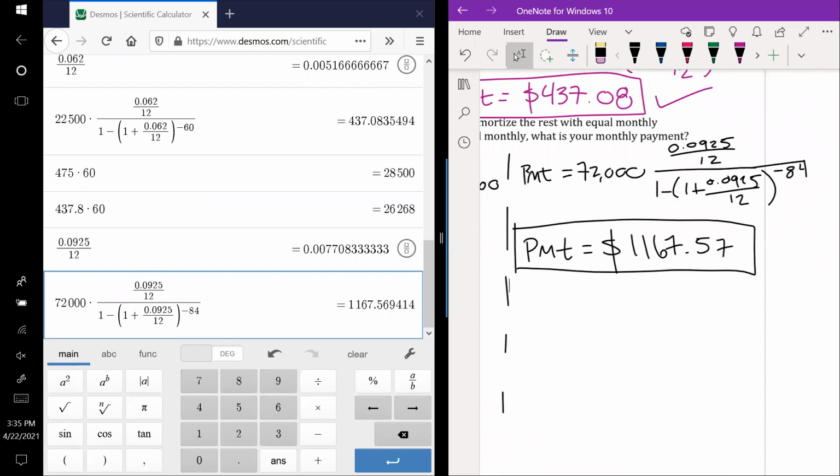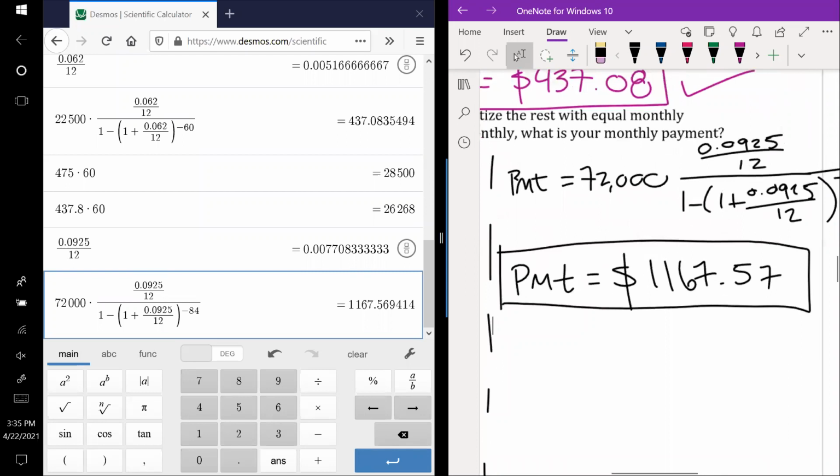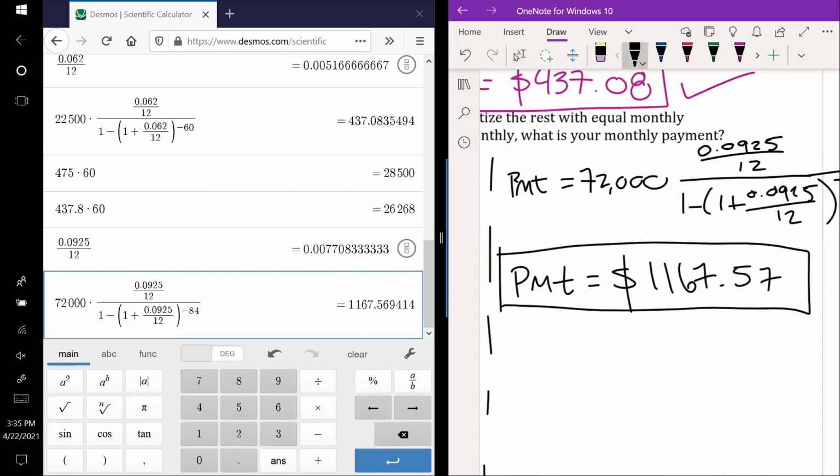Okay. And then we want to know how much interest we will pay. So for interest, we will be paying $1,167.57 for 84 months.